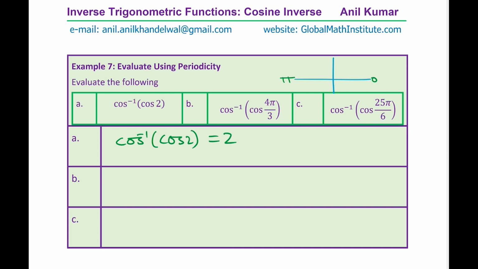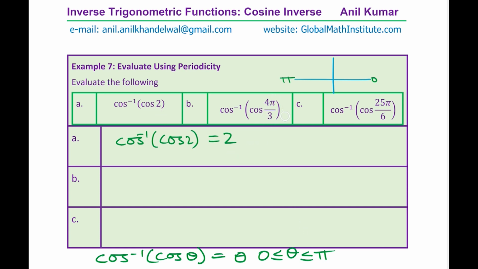So any value, basically cos inverse of cos of theta is equal to theta, provided theta is between 0 and pi, correct? So that is the condition. Now since 2 is within that, it will be 2.